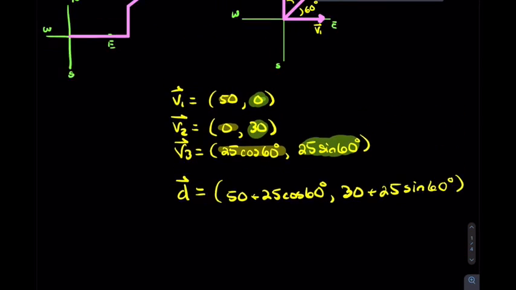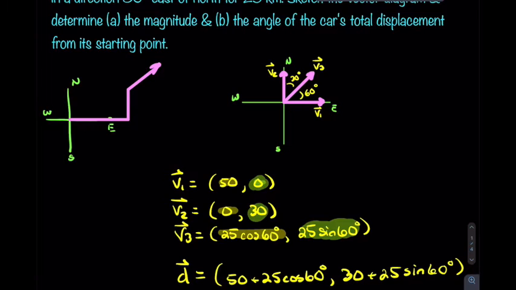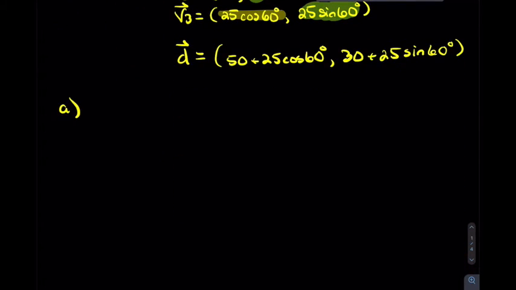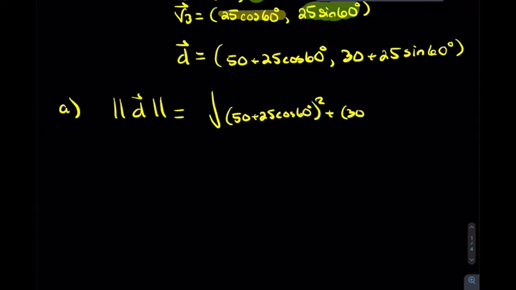Now to do question A, we need to find the magnitude. So A would be the magnitude of the displacement, which will equal, easily from the Pythagorean theorem, the square root of (50 plus 25 cos 60) squared plus (30 plus 25 sine 60) squared.